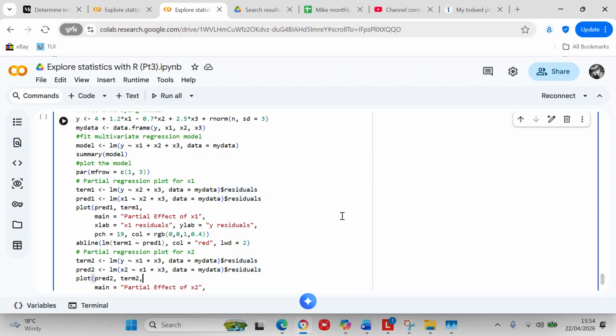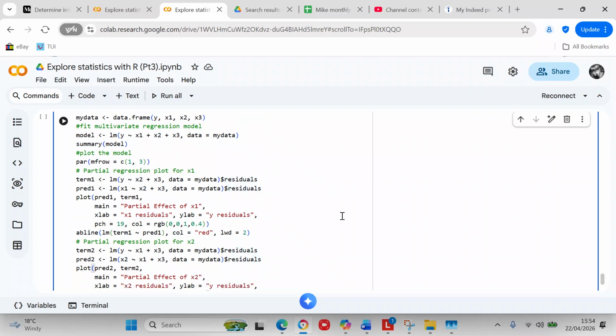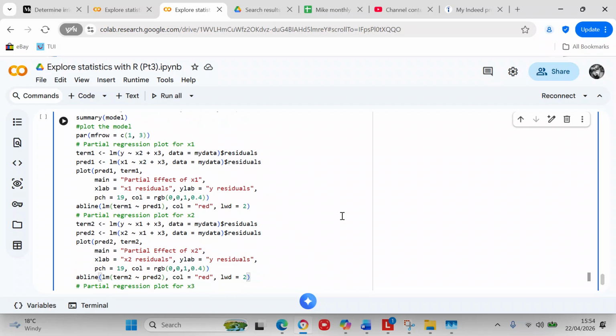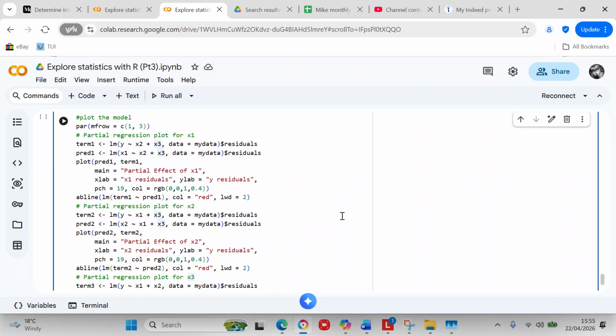So we're going to do a partial regression plot for x2. term2 becomes lm(y ~ x1 + x3, data = mydata)$residuals. pred2 becomes lm(x2 ~ x1 + x3, data = mydata)$residuals.